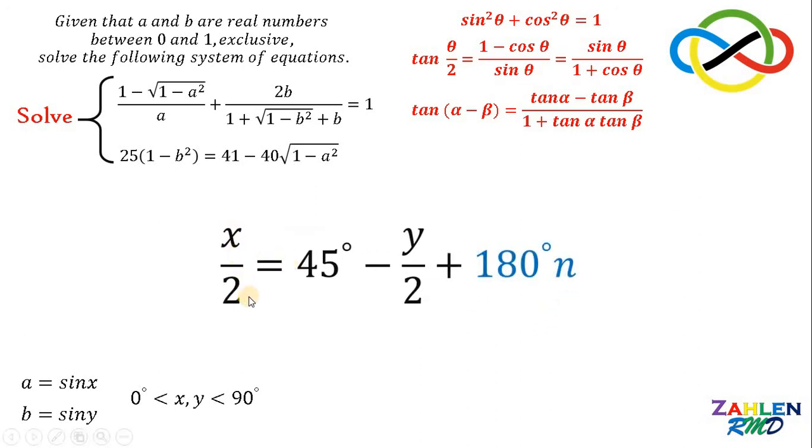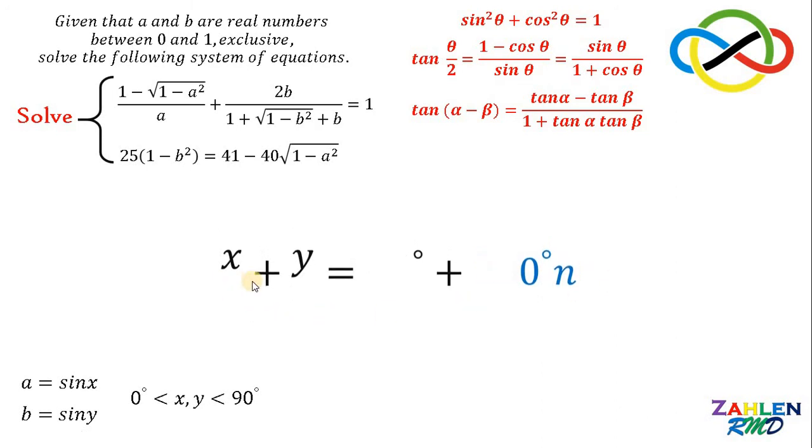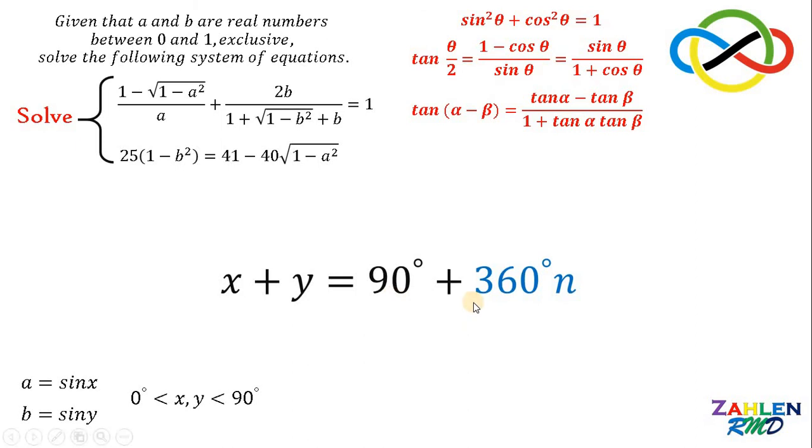Thus, we have x/2 = 45° - y/2 + 180°n, where n is an integer. Now, let's simplify this equation. Add y/2 on both sides. So, we have x/2 + y/2 = 45° + 180°n. Multiply by 2 on both sides. We get that x + y = 90° + 360°n.